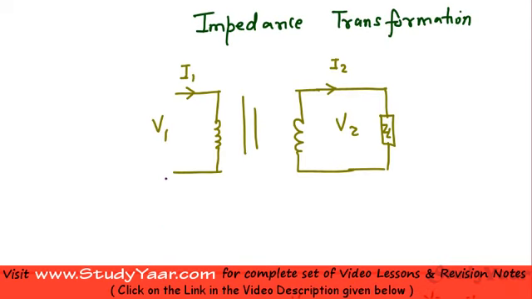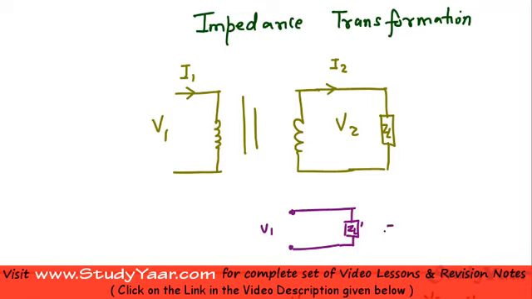Therefore, what you can do now is transform this inductively coupled circuit into a single conductively coupled circuit which looks like this. You have your V1 over here, you have your current I1 flowing through this circuit, and now you can add your impedance across your primary, let's say as ZL dash.